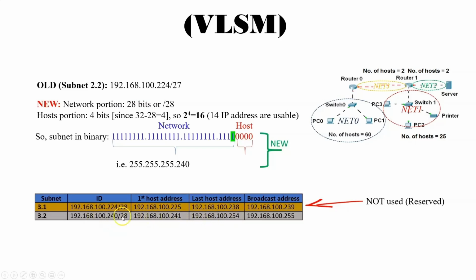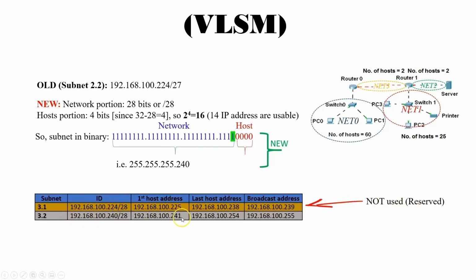Why did I say too big? Because it has 16 possible IP addresses, or 14 usable IP addresses in each subnet. That's a lot compared to what we need here. So I will reserve the first subnet and not use it. We'll keep it for future use.